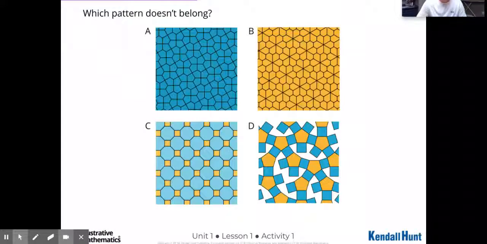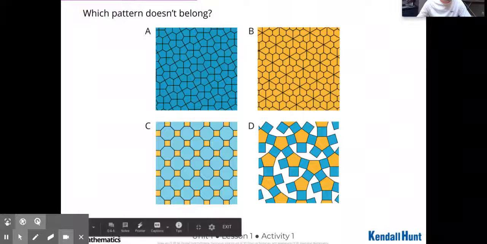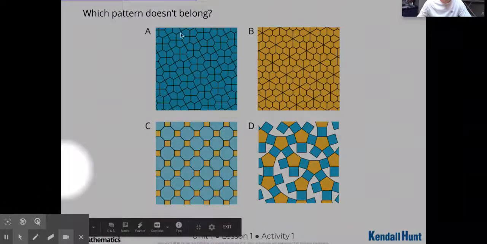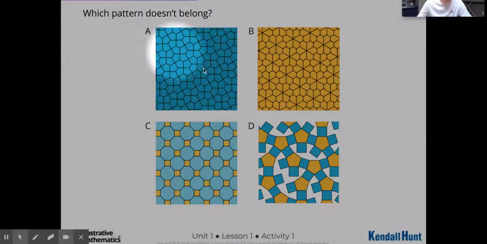Okay. So let's look at these patterns. Linus, what do you see? Do any of them not belong together? What do you see when you look at this tile right here? The blue one. That's right. What about this one?